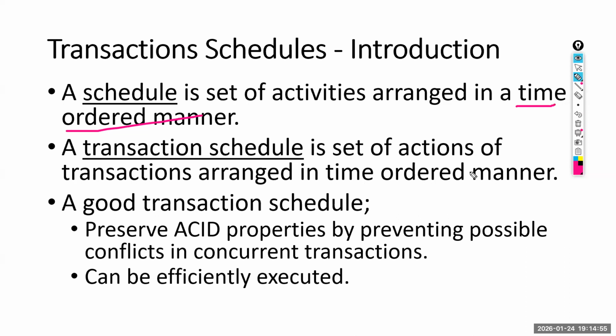So a good transaction schedule will preserve the ACID properties of each and every transaction, as well as speed up the process by doing activities in parallel, not one after the other. One after the other is always perfect, but it makes things very inefficient. Okay? Especially when we have thousands of users using the system at the same time.